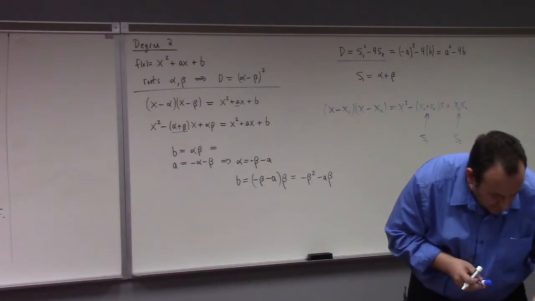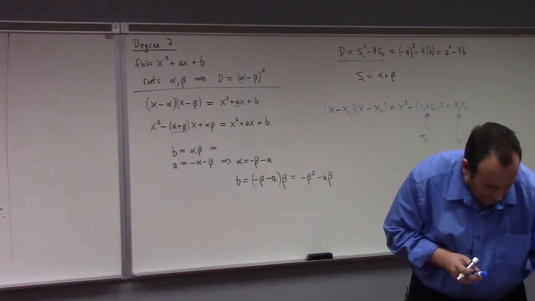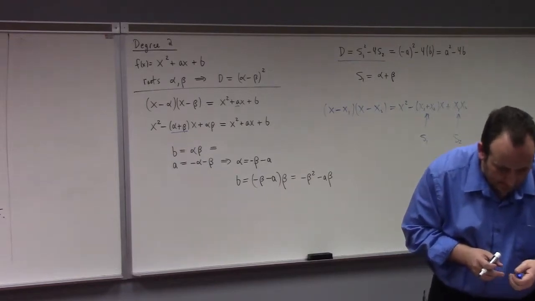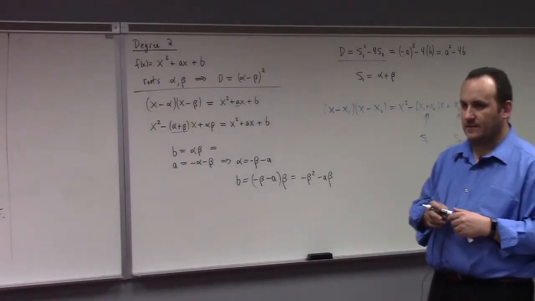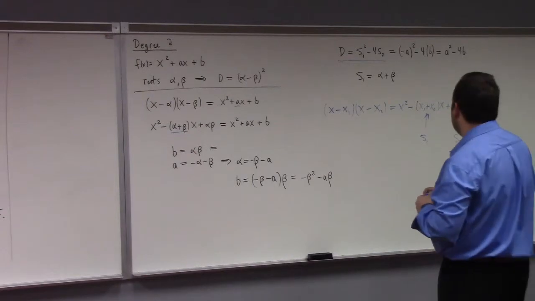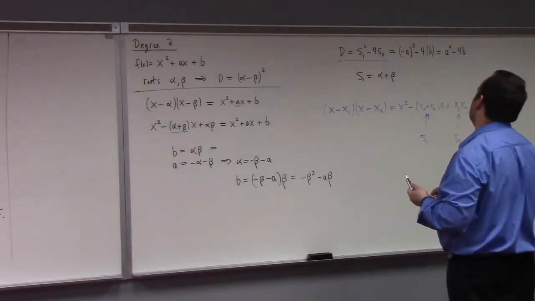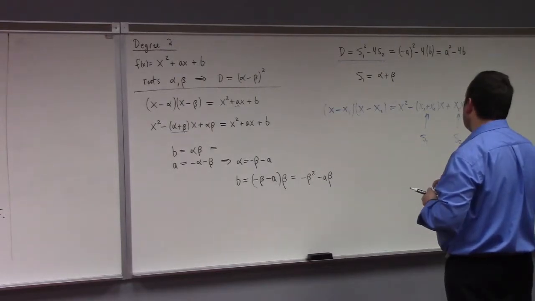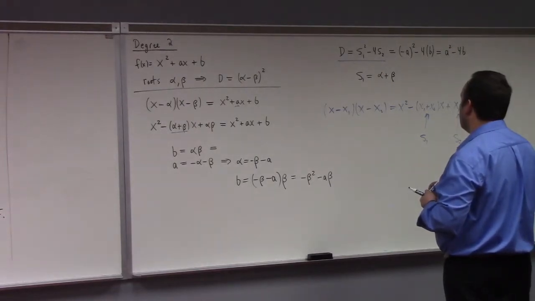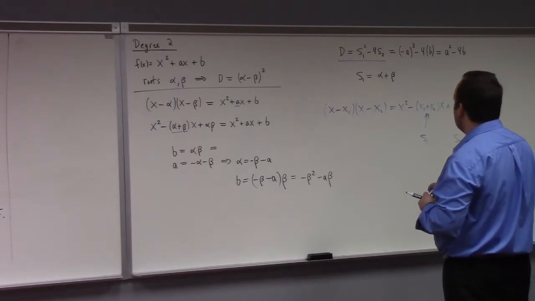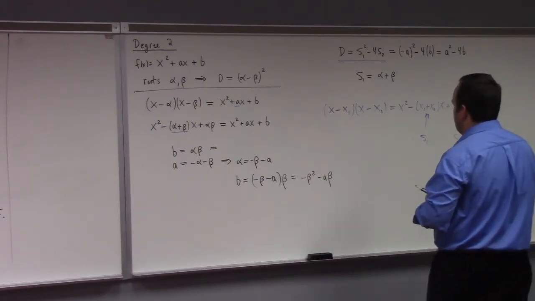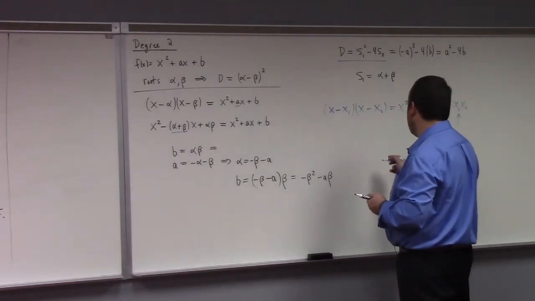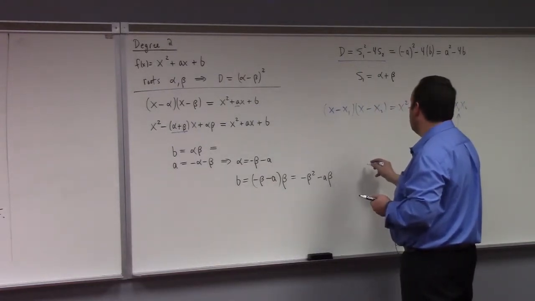So you take alpha minus beta and you square it. That's what the discriminant is. Then you multiply that out, and that's alpha squared minus 2 alpha beta plus beta squared, which is alpha squared plus 2 alpha beta plus beta squared minus 4 alpha beta. S2 is alpha beta, and S1 is alpha plus beta. So you're saying it's just a straight calculation. Yes, basically, take the discriminant, which you know to be alpha minus beta squared.